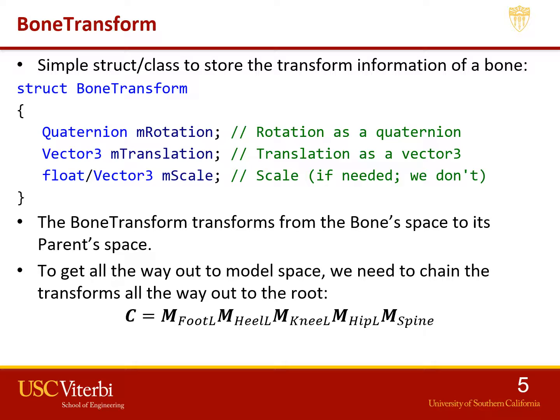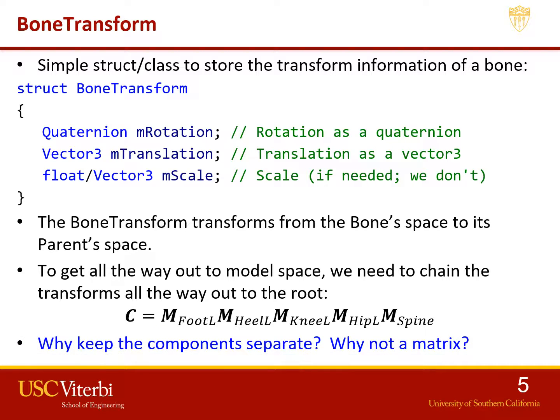And you multiply all those out, and what we'll have is, in the end, a matrix, the C matrix, that transforms a vertex from foot space all the way out into model space, accounting for all the rotations and translations of this pose.